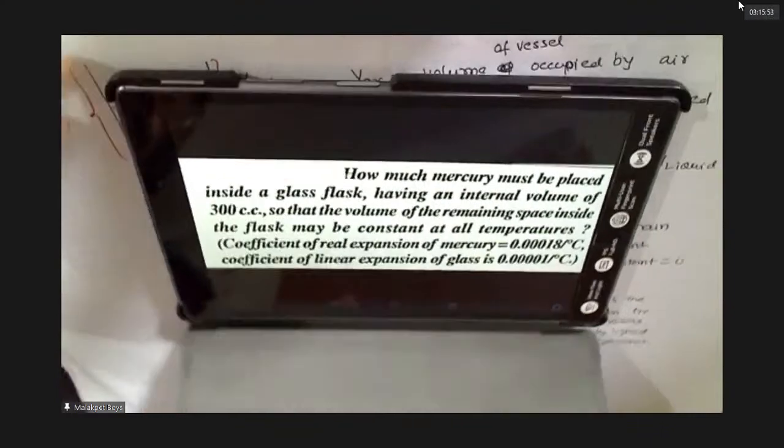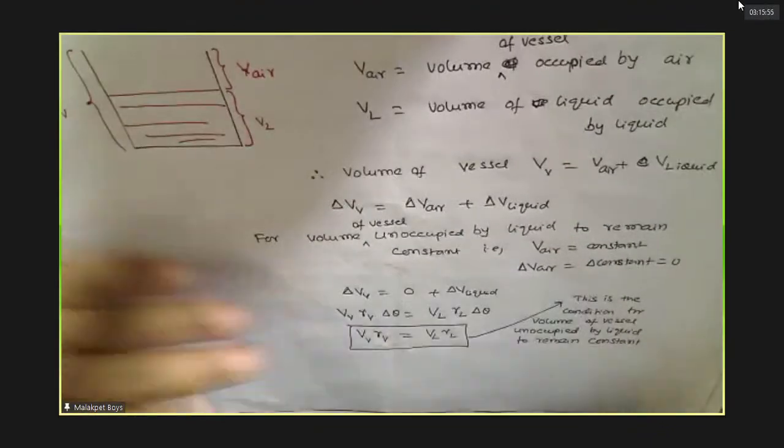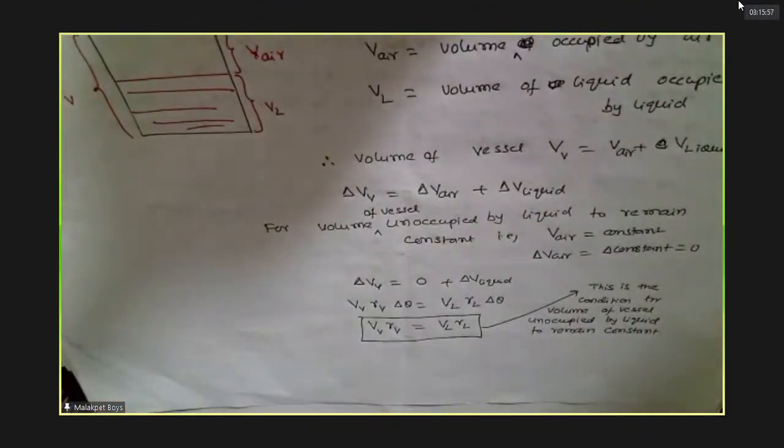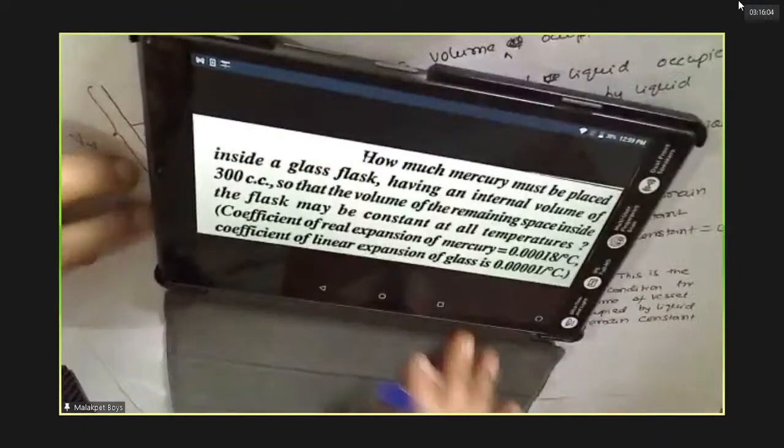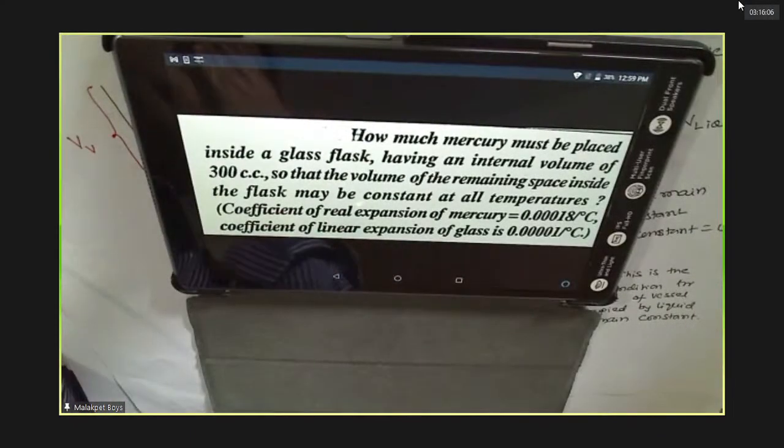Shall I turn this? Completed, sir. Straight problem, no? What is the condition? Last line. Same problem, see. How much mercury must be placed? What is the condition?